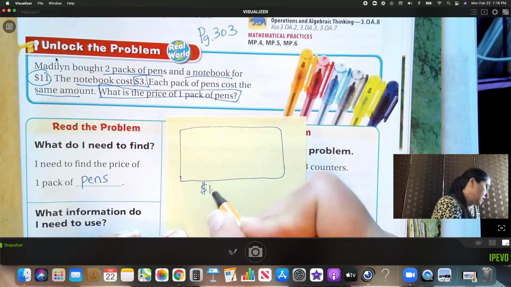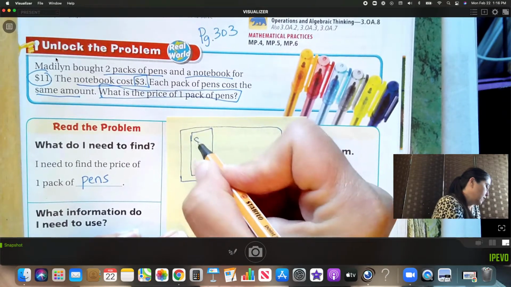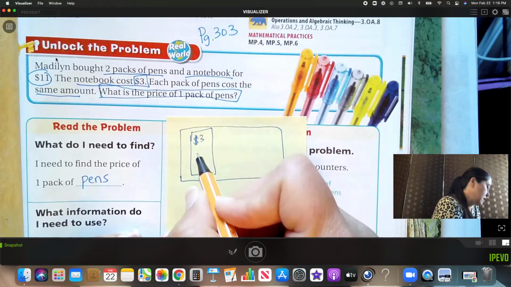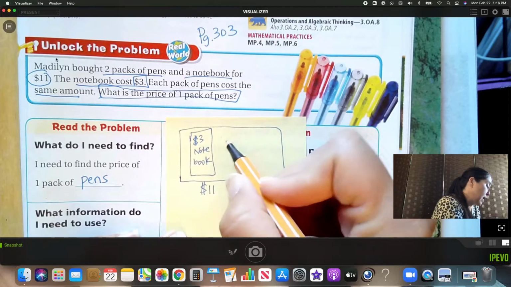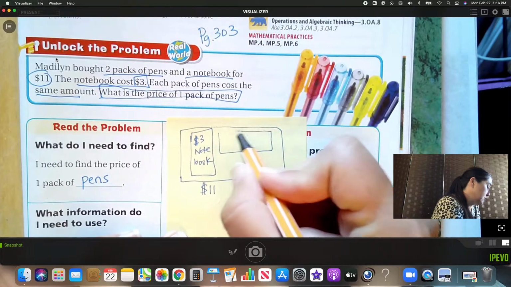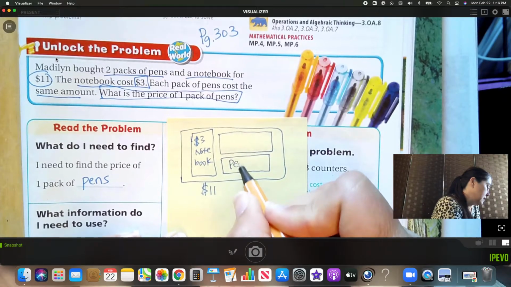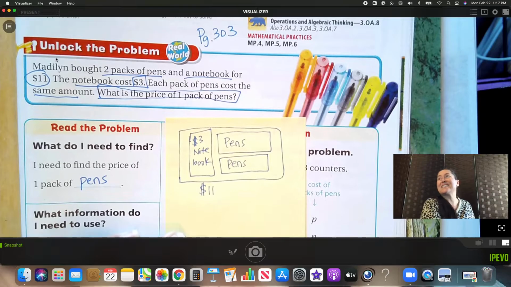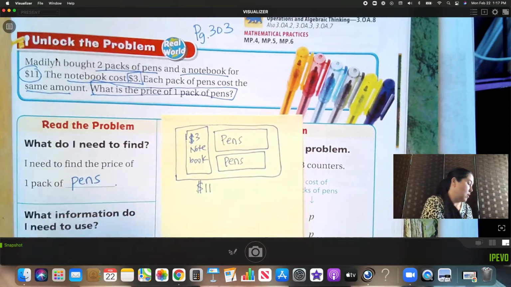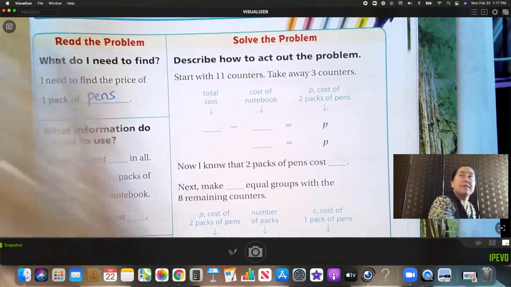I'm going to buy a notebook for $3, right? Notebook. And then I'm buying 2 packs of pens. Here's 1 pack of pens, 2 packs of pens. I don't know how much the pens cost, but I know they cost the same amount. So, just to make a picture in my mind.